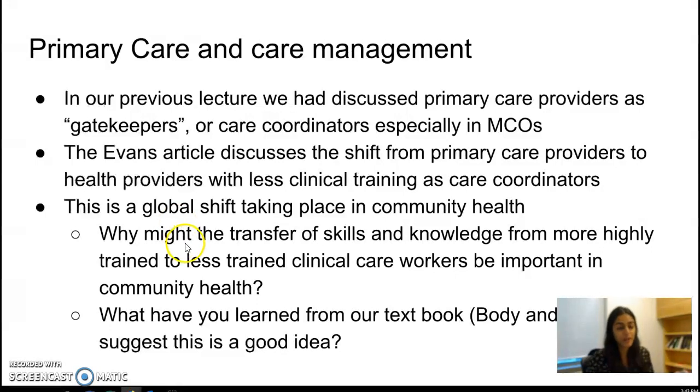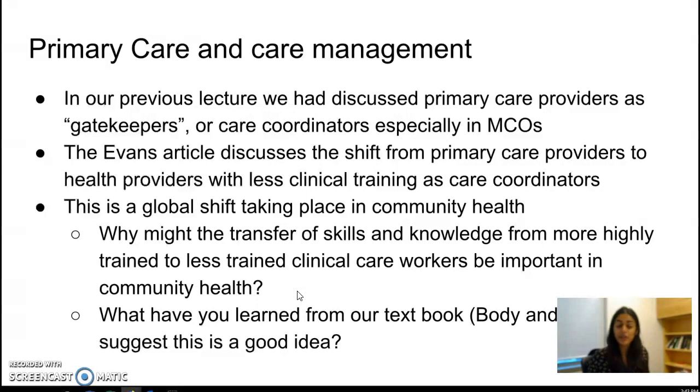So we're talking about a global shift in transferring the knowledge and skills to different types of health providers. So why might this transfer of skills and knowledge from more highly trained to less trained clinical care workers be important in community health?